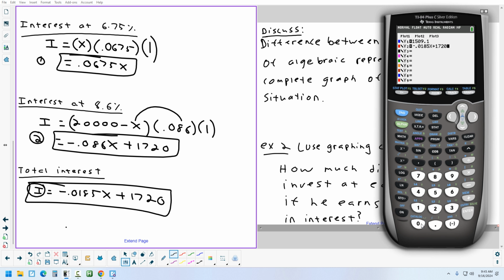And what do you think we're going to look for once we set our window and hit graph? Where Y2 crosses Y1. Yeah, we're going to look for where the two lines cross. So we're going to think about our window a little bit. We already talked about the x's, 0 to 20,000.